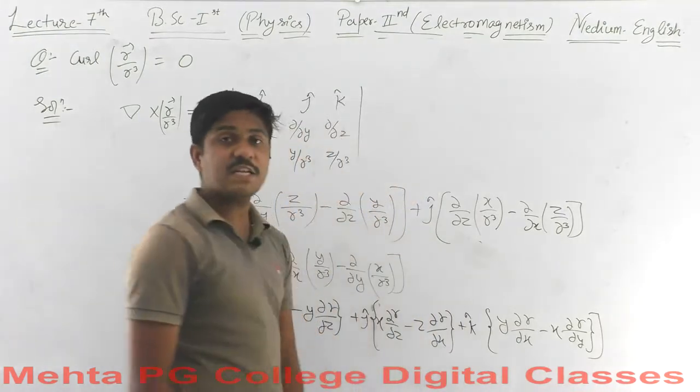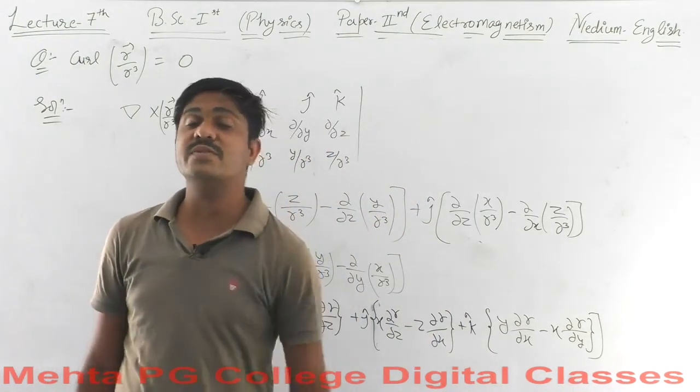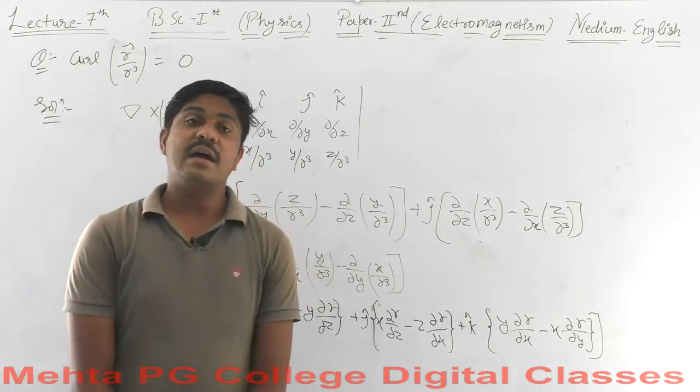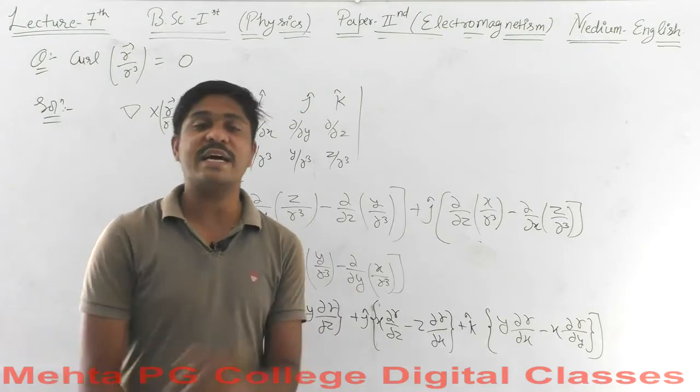If you remember the values, curly r over curly x, curly r over curly y and curly r over curly z have the values x over r, y over r and z over r respectively.